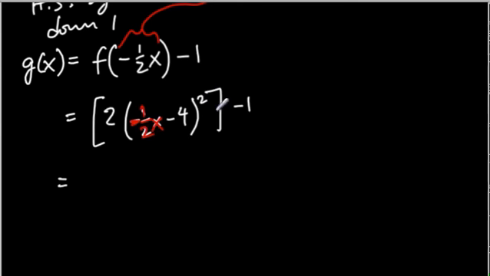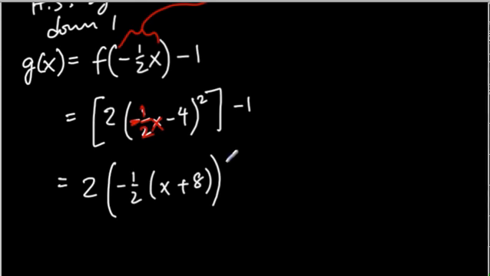So I can just remove these square brackets. So it'll be 2. And I can factor it inside this set of brackets here. So it's negative half. So it's x minus, oh no, it's going to be x plus 8. And then I can close it and I can square it. Minus 1. So it's plus 8 because negative half times positive 8 is negative 4.